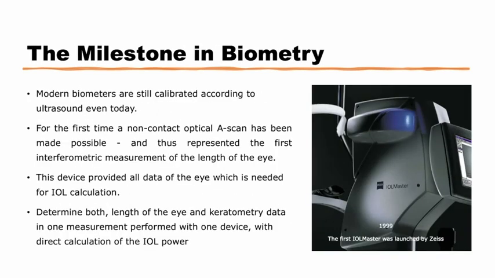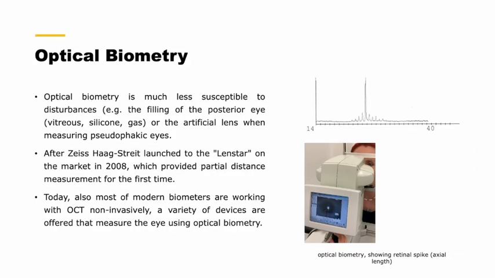For the first time, it was possible to determine both eye length and keratometry data in one measurement performed with one device, so the corresponding IOL calculation can be carried out directly at the biometer without entering data from external sources. In addition, optical biometry is much less susceptible to disturbances such as the filling of the posterior eye, vitreous, silicone gas, or the artificial lens when measuring pseudophakic eyes.